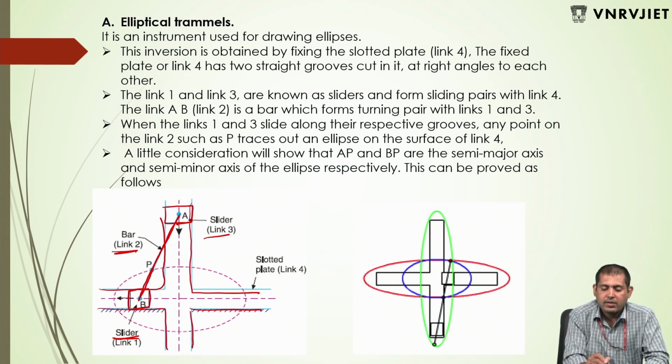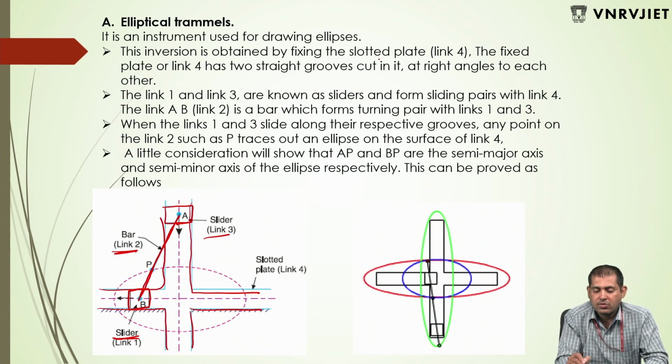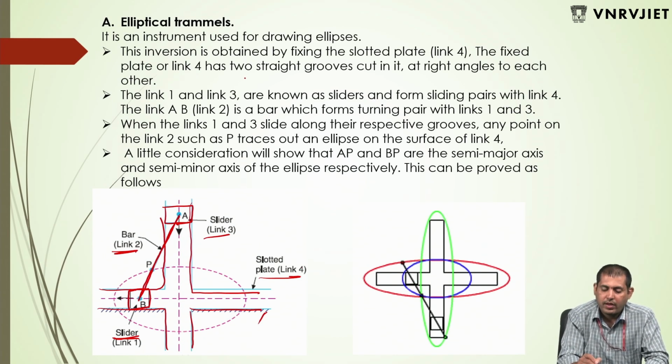This inversion is obtained by fixing this slotted plate. The fixed plate, link 4, has two straight grooves cut in it at right angles to each other.